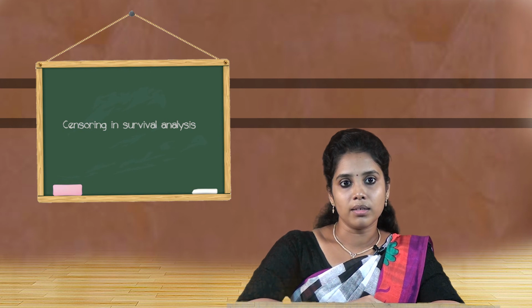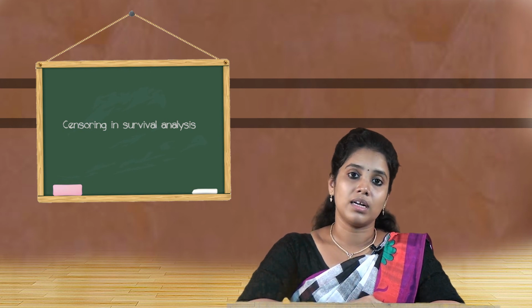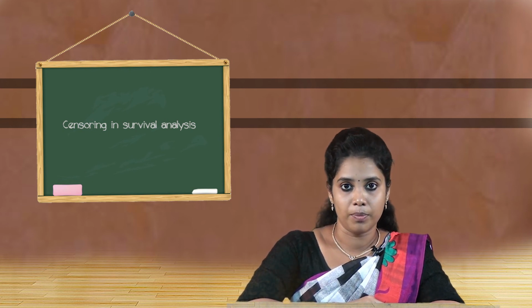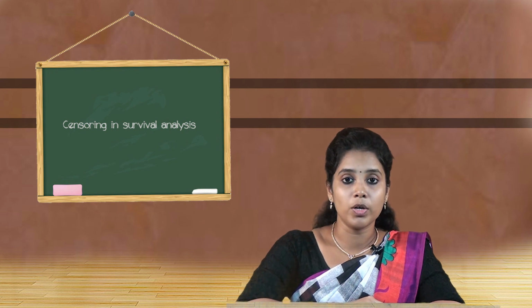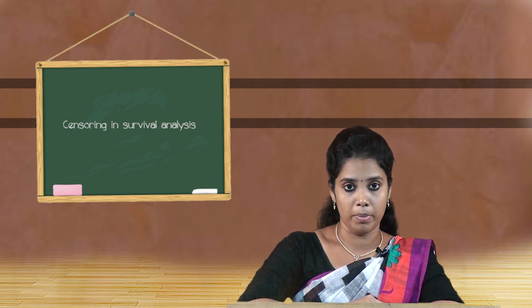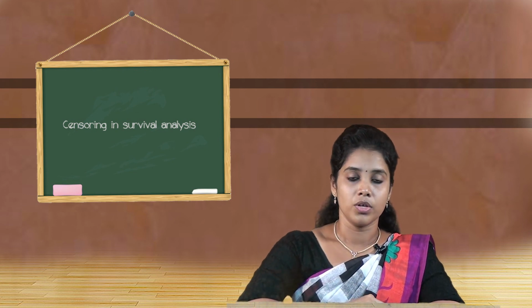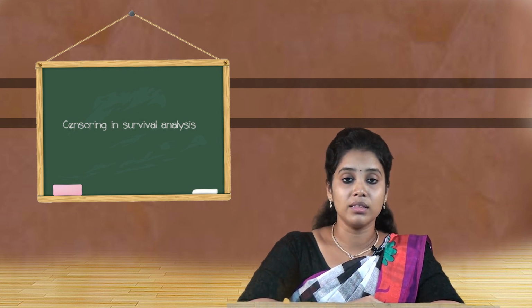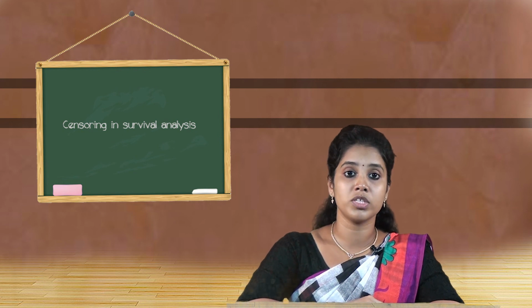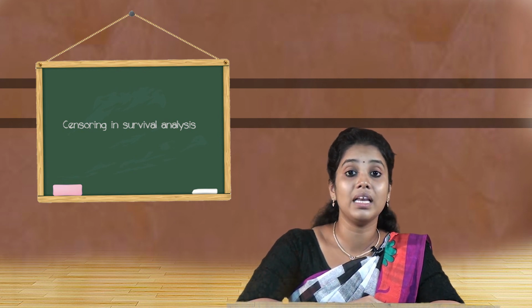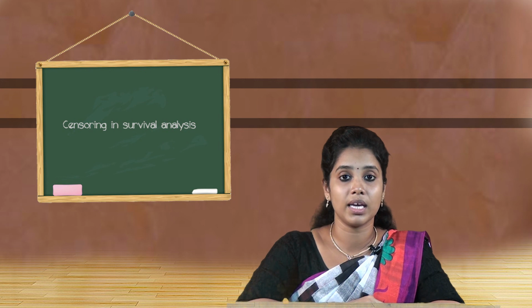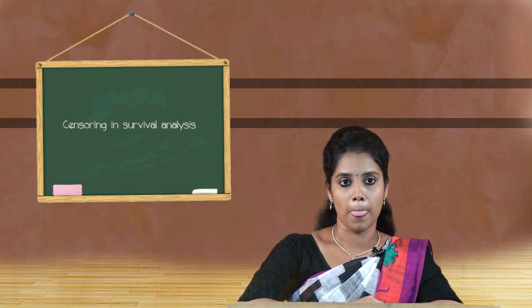Just assume that in the middle of the study customer X has died. Now my event of interest was the loan payment, but the customer has experienced death in the middle of the study. So the information regarding the time at which the loan was repaid by customer X becomes incomplete. So this is how once again the censoring concept arises.